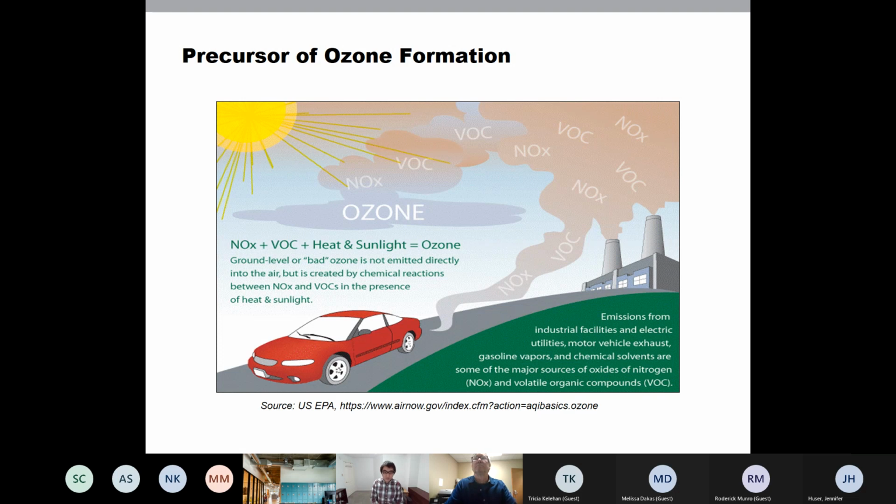Ground level ozone is typically the bad one, and apparently here in the Houston area, the Houston-Galveston-Brazoria area is an ozone non-attainment area, which poses a lot of challenges in permitting, so you have to look at a very strict threshold when doing your projects.